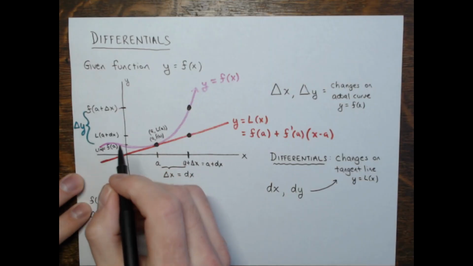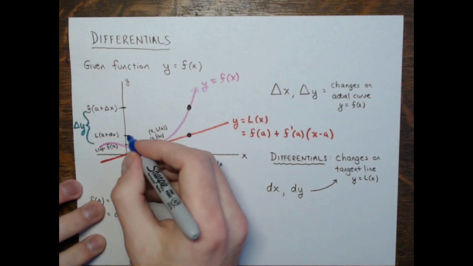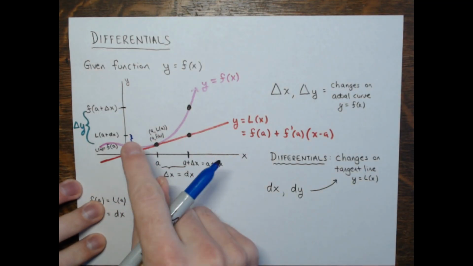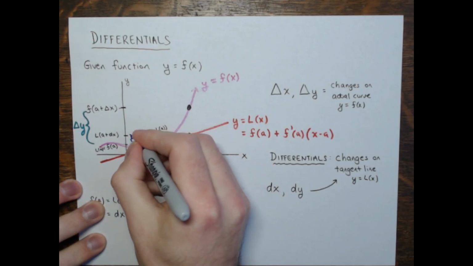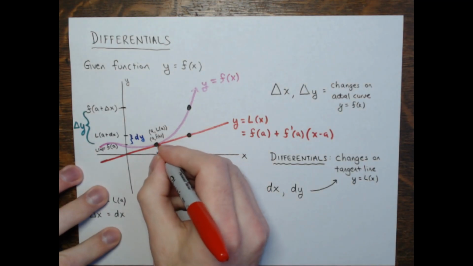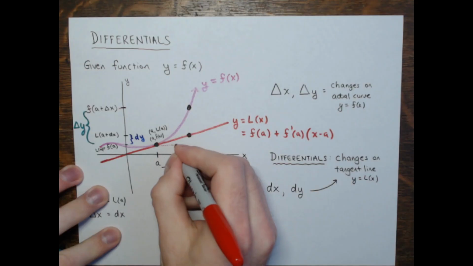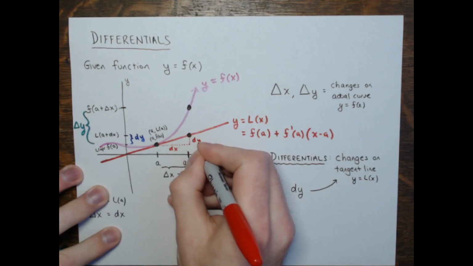Again, f of a is the same as L of a. So the change in the tangent line outputs, they're going to call that dy. So again, I'll make a little drawing here with it. So you see the horizontal change, dx, vertical change on the tangent line here, dy.